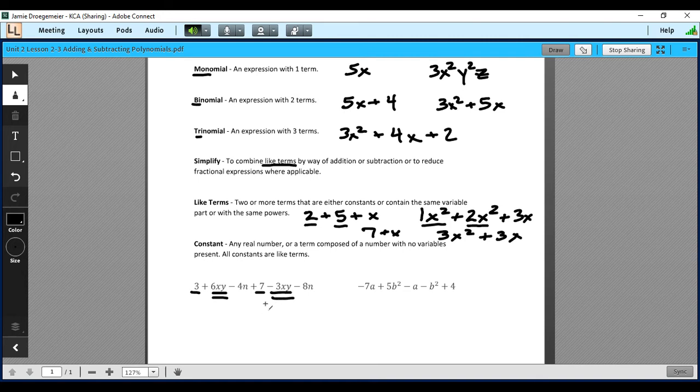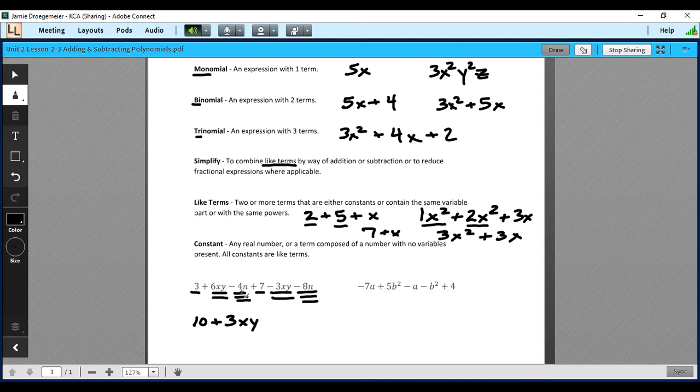Finally, this negative 4n, I have another term that has n as the variable, negative 8n. So I can combine these like terms. 3 plus 7 is 10. For 6xy minus 3xy, I add those coefficients, the numbers in front of the variables. Positive 6 plus negative 3 is positive 3, and the variables stay. So 3xy is what I get.